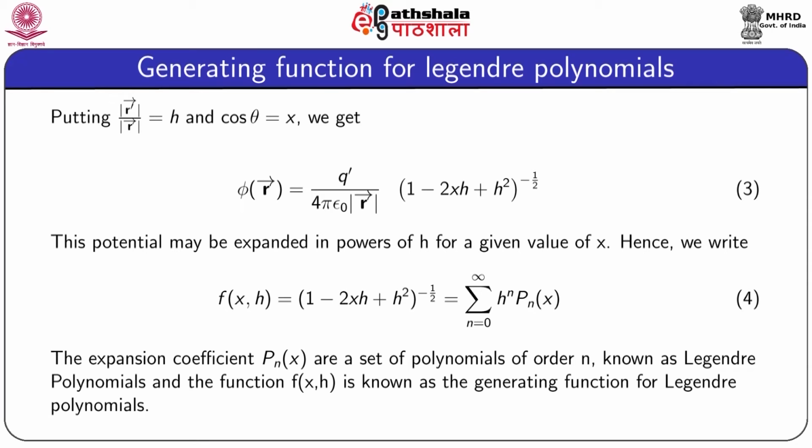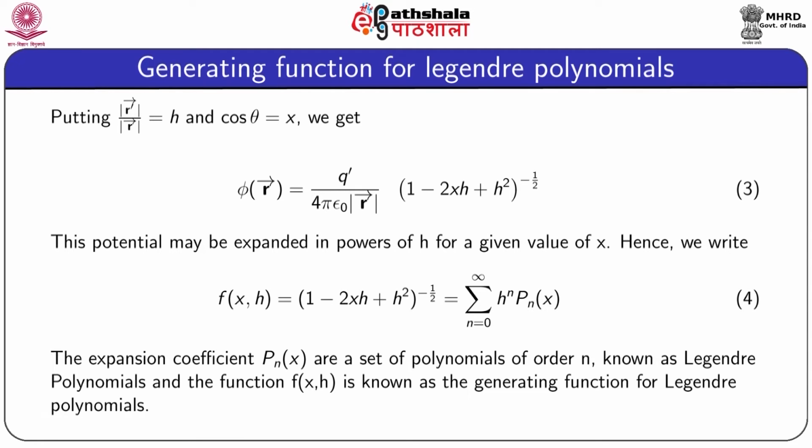You put r dash divided by r is equal to h and cos theta equal to x, and what we get is an expression 4 in the form q dash divided by 4 pi epsilon 0 mod r into 1 minus 2 x h plus h square to the power minus half.